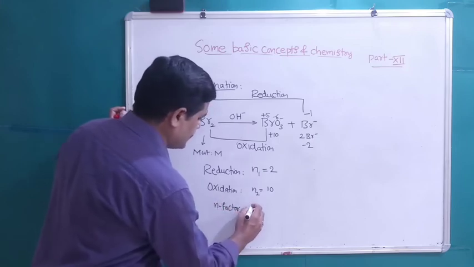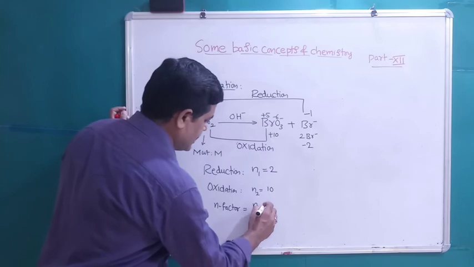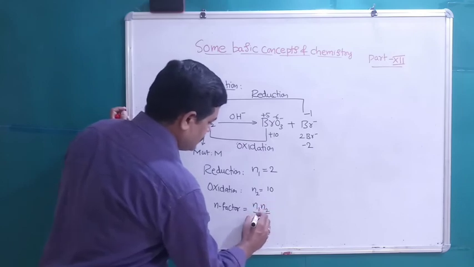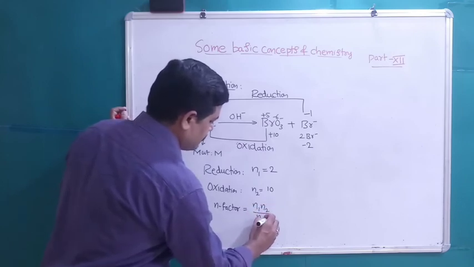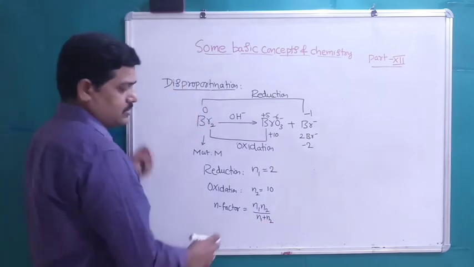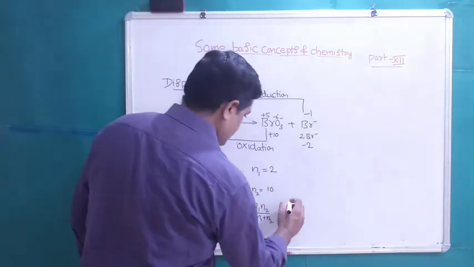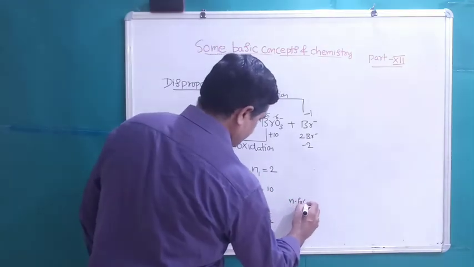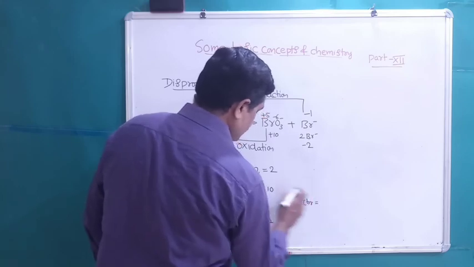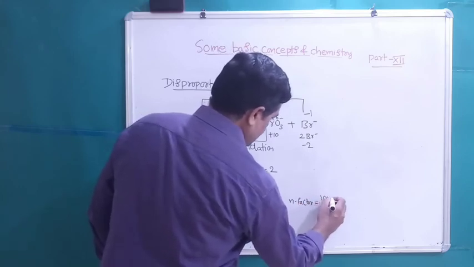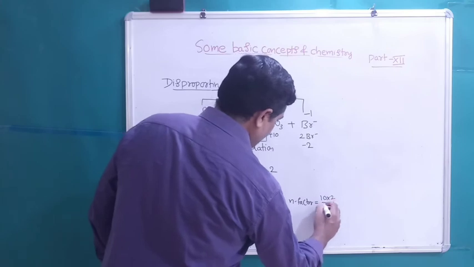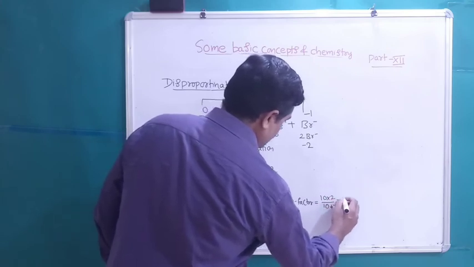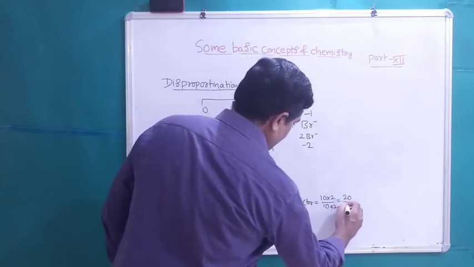Then the n factor formula for the disproportionation is n1 multiplied by n2 divided by n1 plus n2, right? So substitute these values here. N factor we will get it as n1 multiplied by n2 is 10 into 2 divided by 10 plus 2, which is 20 divided by 12.